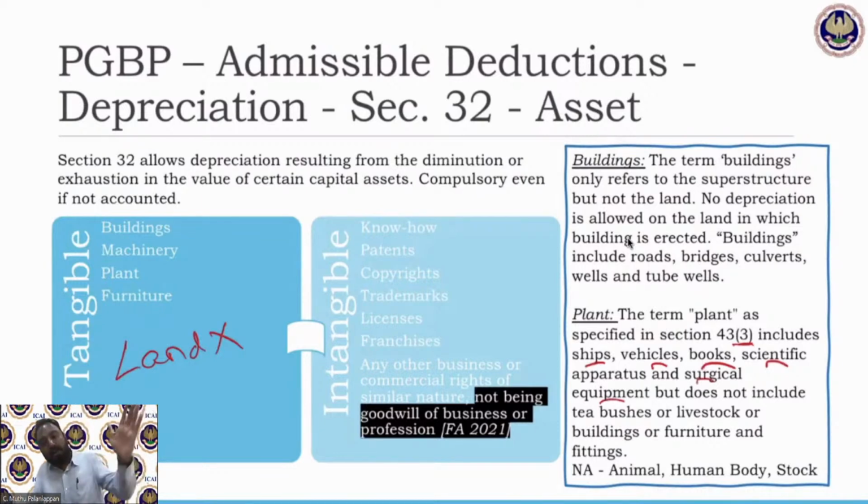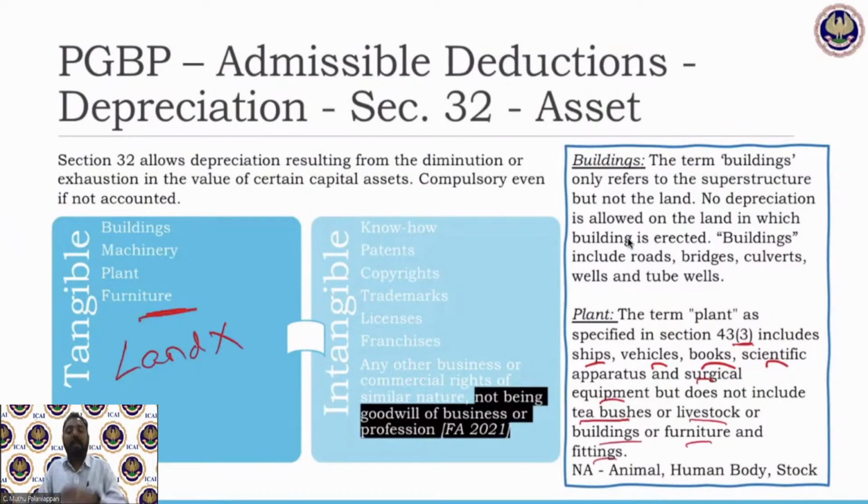These are all included in plant, but it does not include tea bushes, livestock, that is, animals, building, furniture, and fittings. Why are building, furniture and fittings excluded? Because they are already covered under building, and furniture and fittings as a separate category.